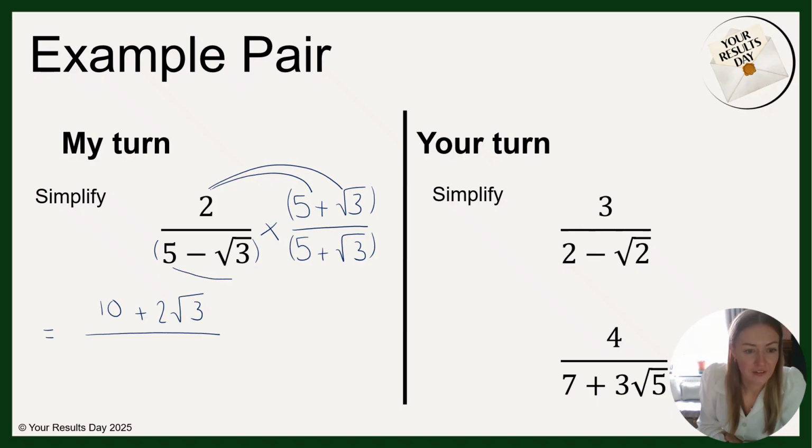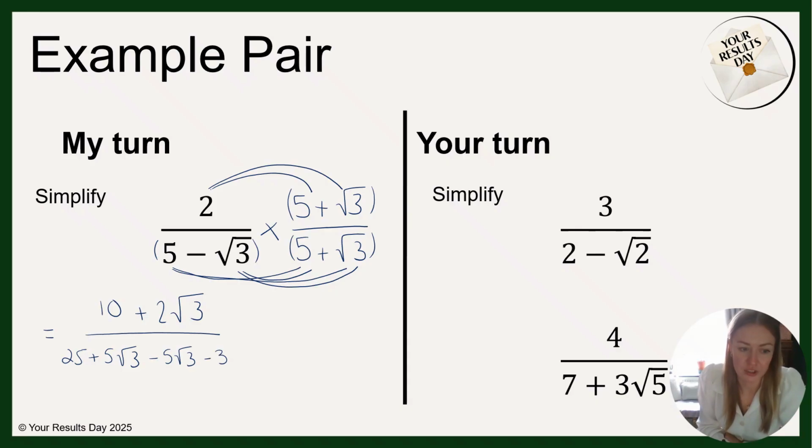Then you've got 5 times 5, which is 25, plus 5 times root 3. Then you've got minus root 3 times 5, which is minus 5 root 3. And minus root 3 times root 3 would be minus root 9, which is just 3.